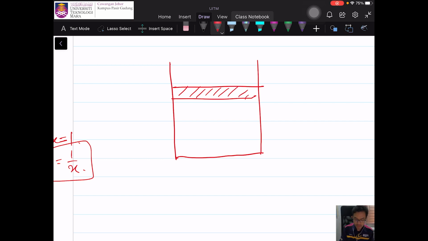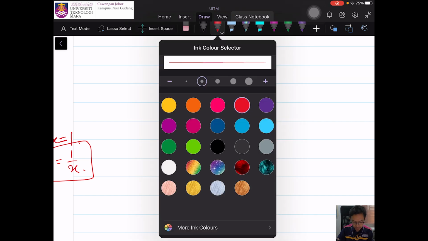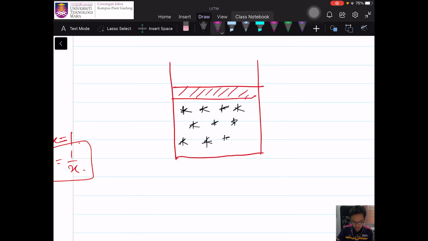Inside this piston cylinder device, basically we have some particles of gas, and we know that the characteristic of the gas is that it will move randomly. I will use different colors here. It will move in any direction.